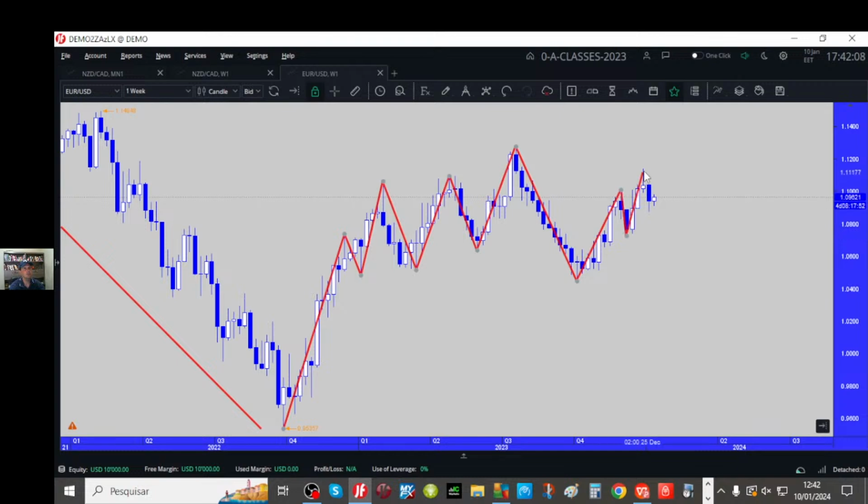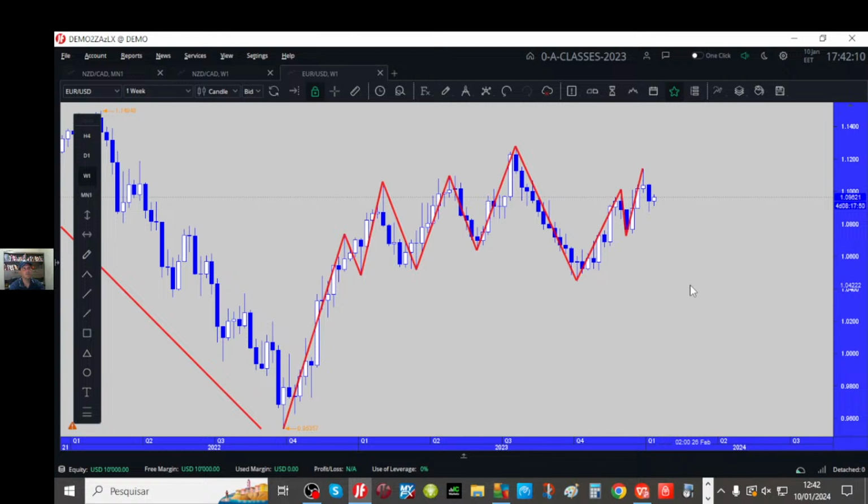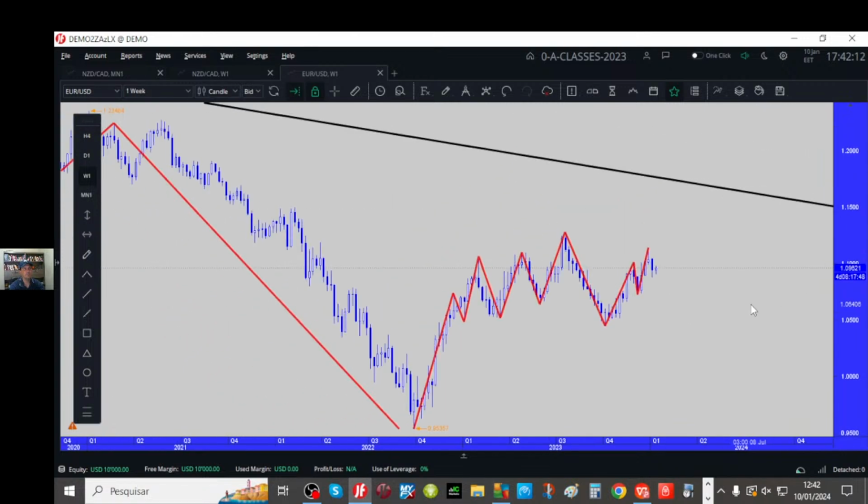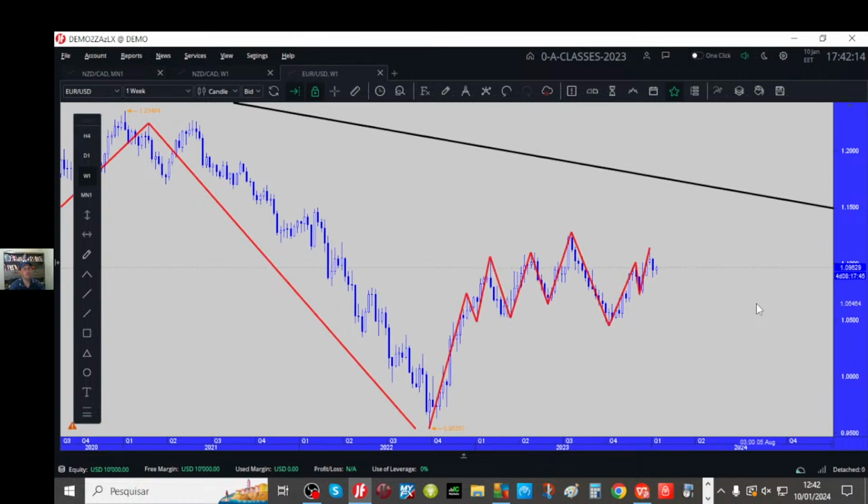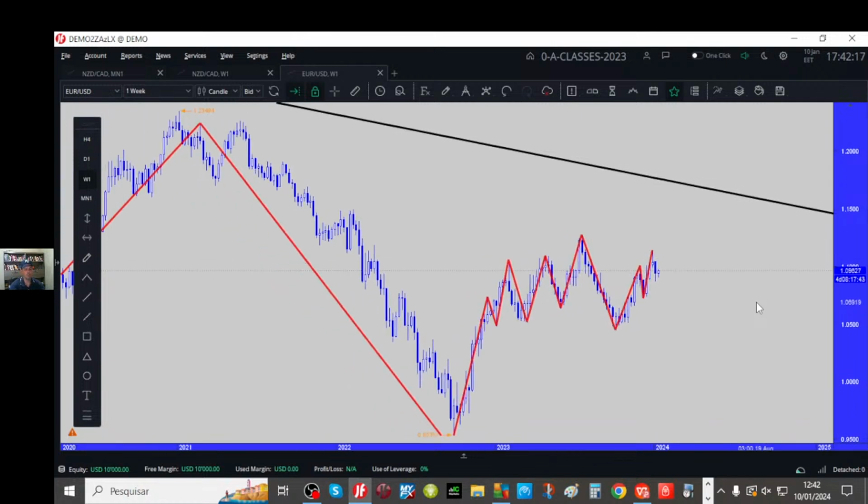To low to high, what is what? Everybody, are you in a short-term uptrend or are you in a short-term downtrend?